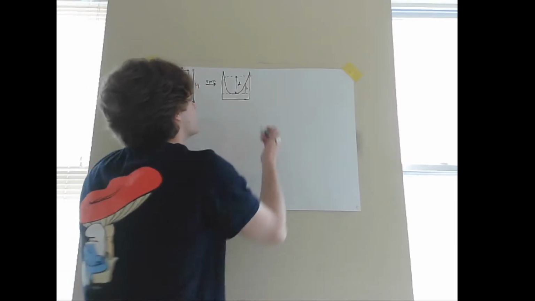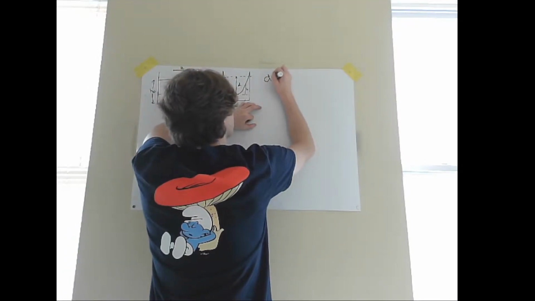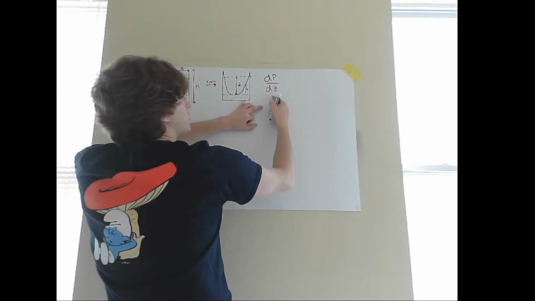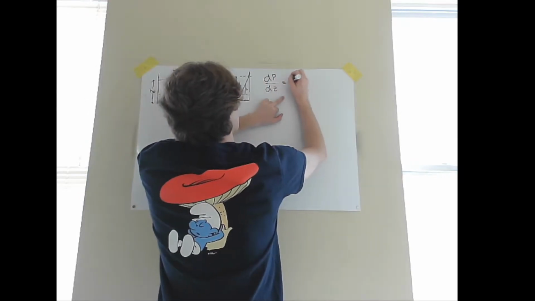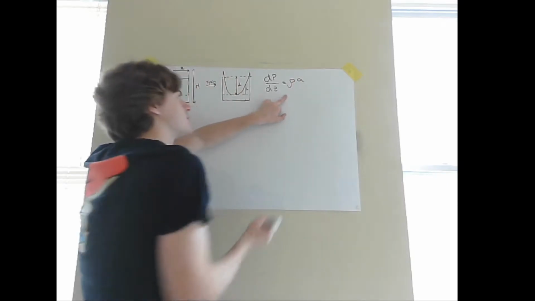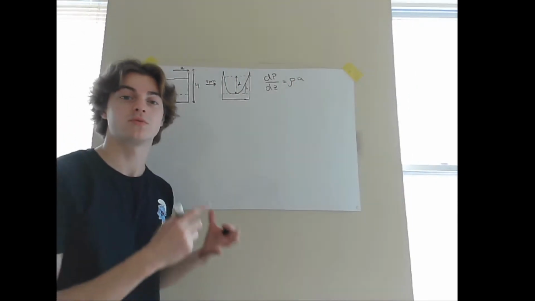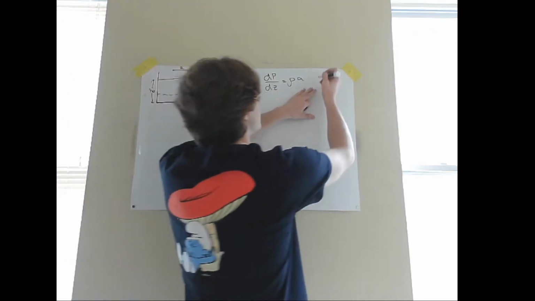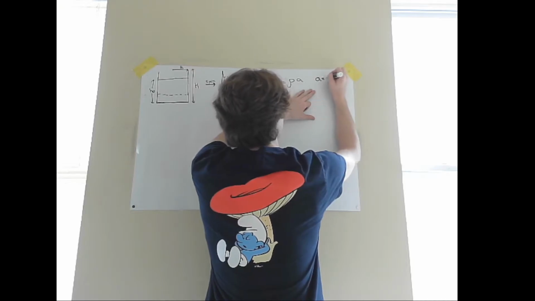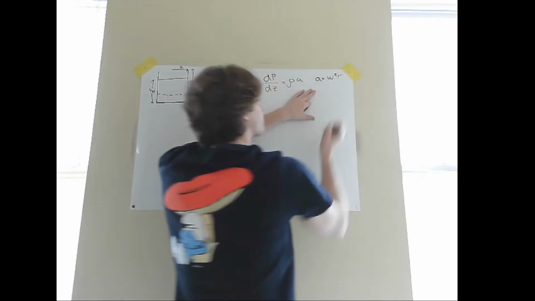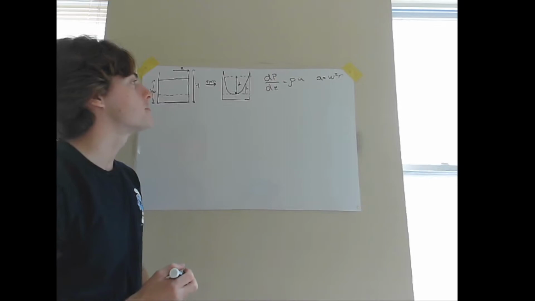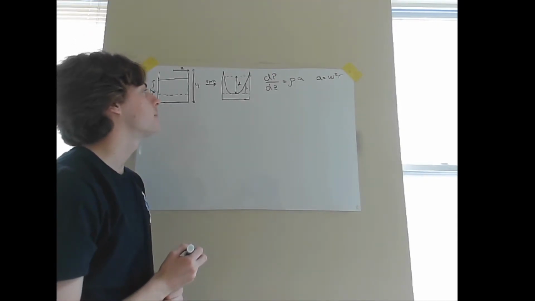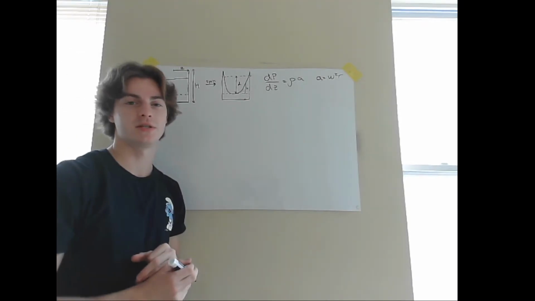I'm going to start with the static fluid equation, which is the change in pressure with respect to a change in distance equals rho times acceleration. Since we're spinning the cup, we're going to have centripetal acceleration, so a equals omega squared R. And we're also going to have a change in the radius, not a change in distance.